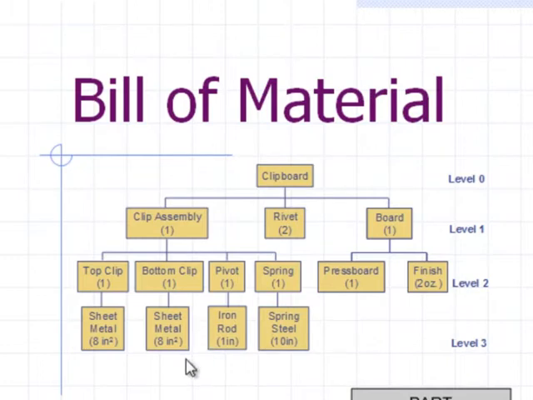Similarly, the same parent item, like a clip assembly, can be the parent of top clip, but also the parent of bottom clip. So what this means is, if you consider parent parts and children parts, there is a many-to-many relationship.